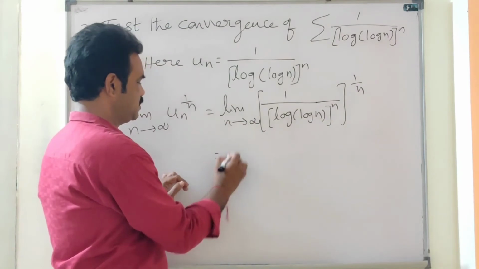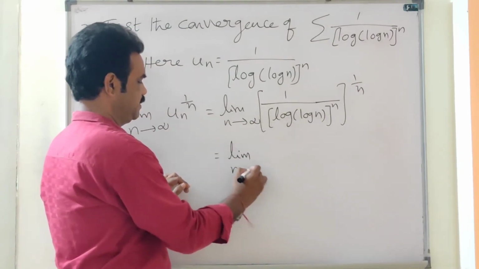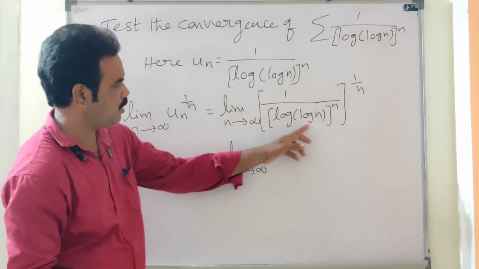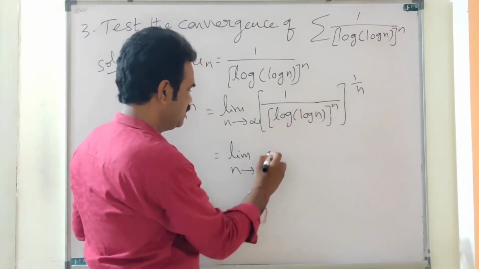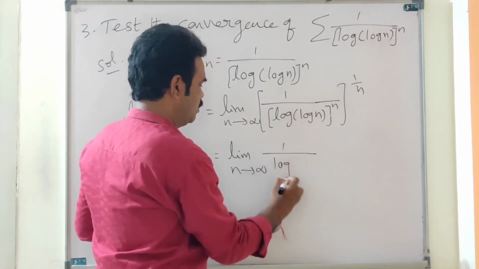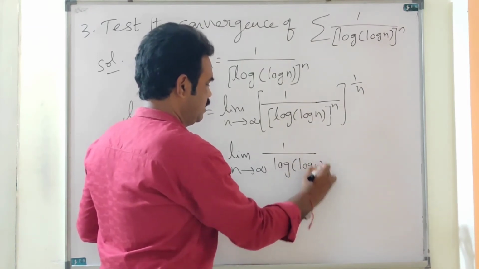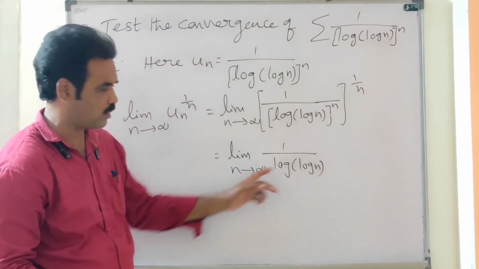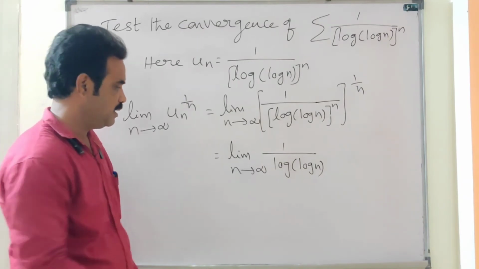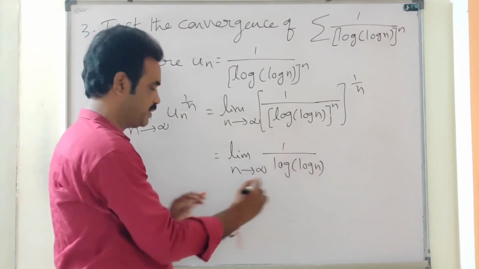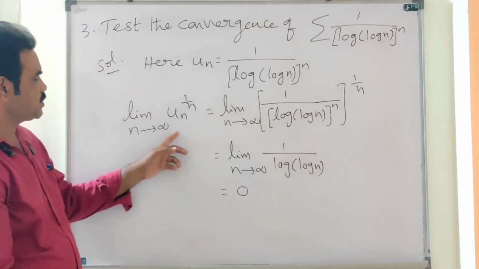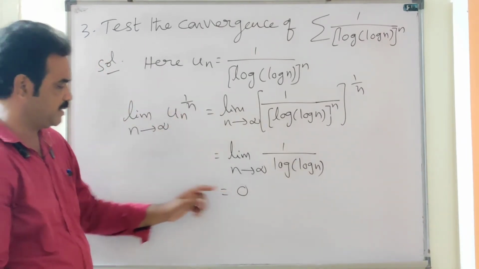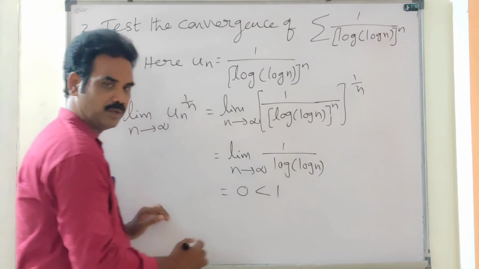This becomes the limit as n tends to infinity, here this n cancels, 1 by log n. And you know that as n tends to infinity, log n tends to infinity. That's why 1 by infinity is 0. The limit as n tends to infinity of un power 1 by n is 0, which is less than 1.